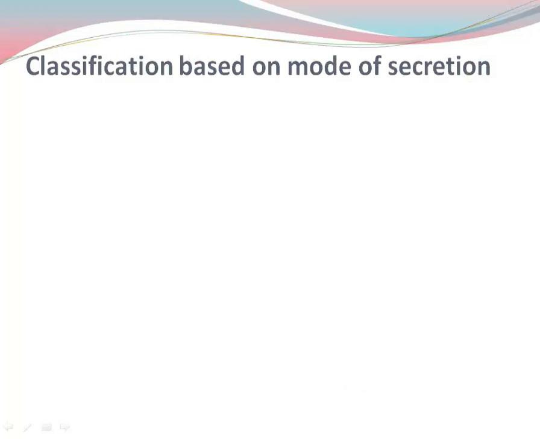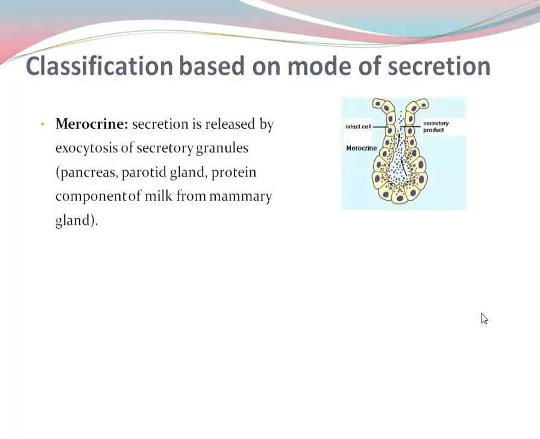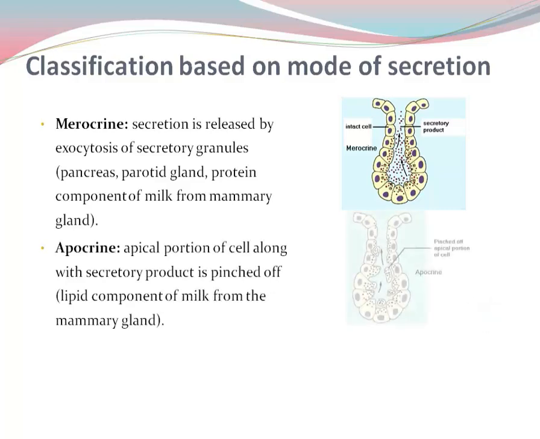Now these glands are also classified on the basis of their mode of secretion, that is, how they pour their secretion outside. On that basis these glands are classified as merocrine glands. These merocrine glands release their secretion through exocytosis on the surface.